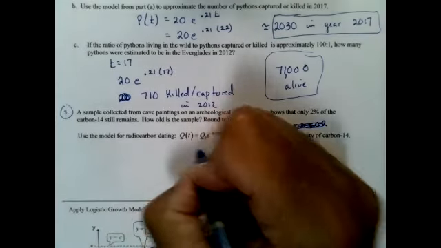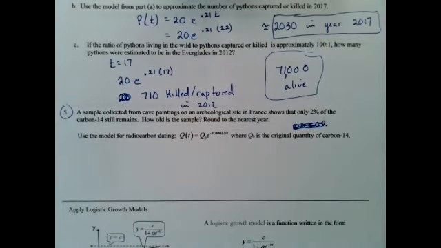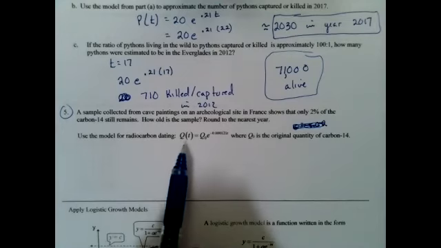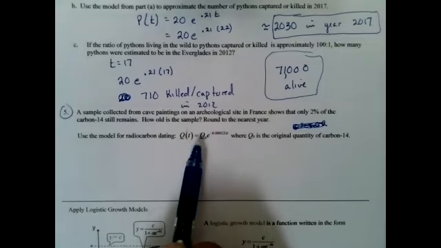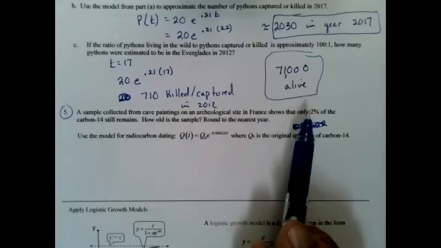Well, we're given this equation, Q of t equals and so on, with the t. And the t is what we'd like to calculate. Now, the amount we want to end up with and the amount we start with, we look back up here and say only 2% remains.